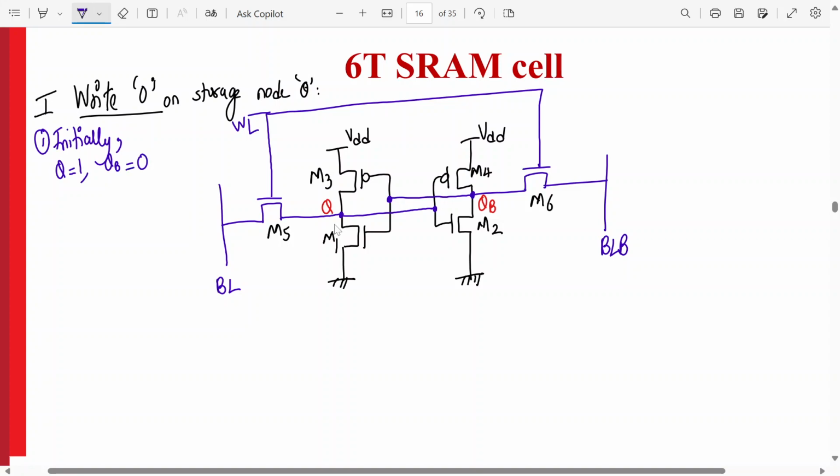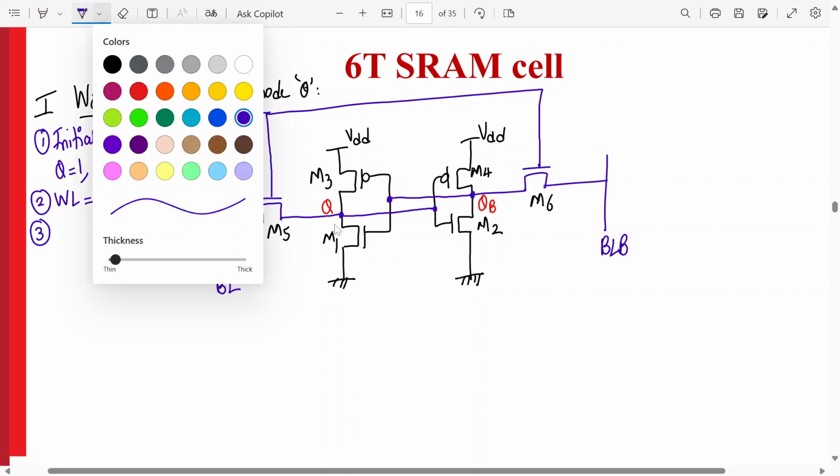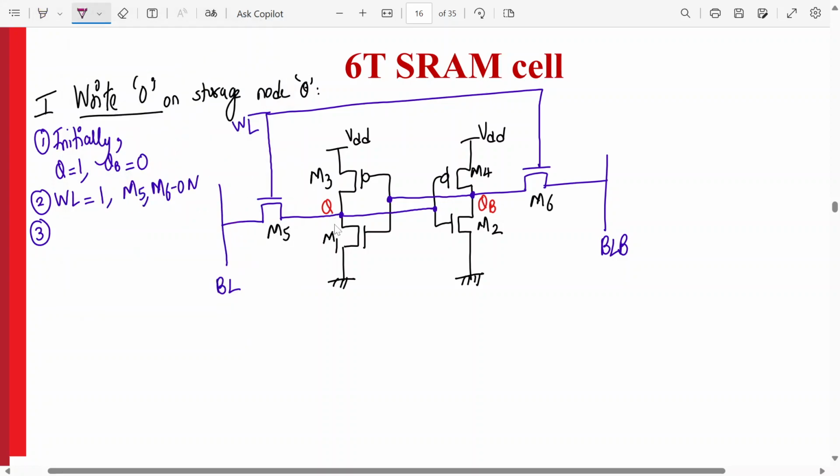For this to happen, what should be my word line now to initiate the signal? Word line should be 1. If word line is 1, M5 and M6 are on. Agree? Third, what should be my bit line? Right now this is 1, this is 1, this is 0.